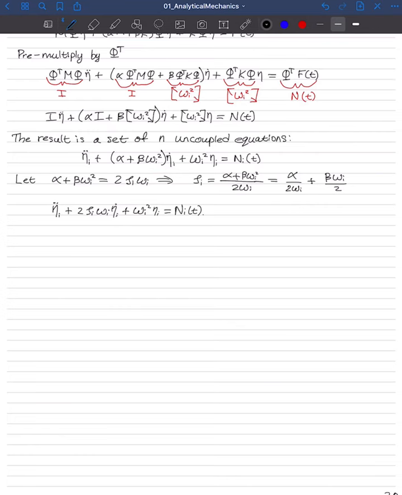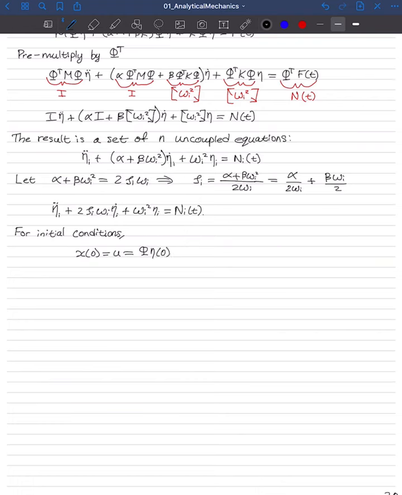For the initial conditions, we know that x of 0 is equal to u, but this must be equal to phi times eta of 0.